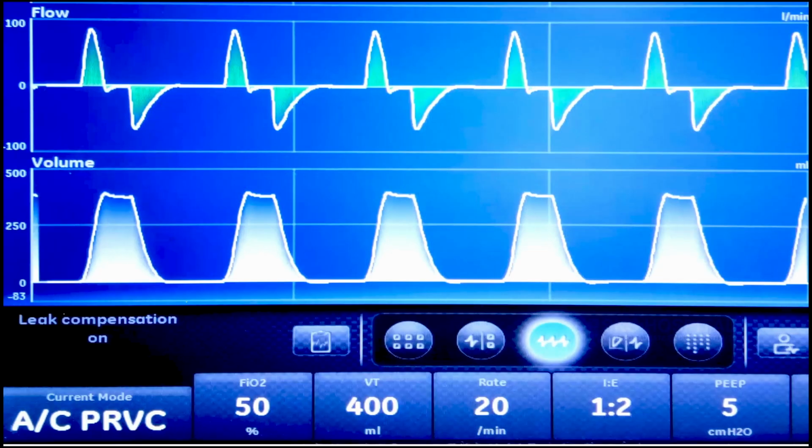Now, using the advantage of both, we have what is called a pressure regulated volume control, which is nothing but a pressure control mode.